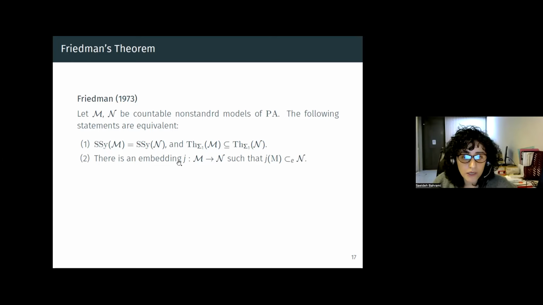By an initial embedding, I mean such an embedding whose image is an initial segment of the codomain. And whenever M and N are equal, it is an initial self-embedding.